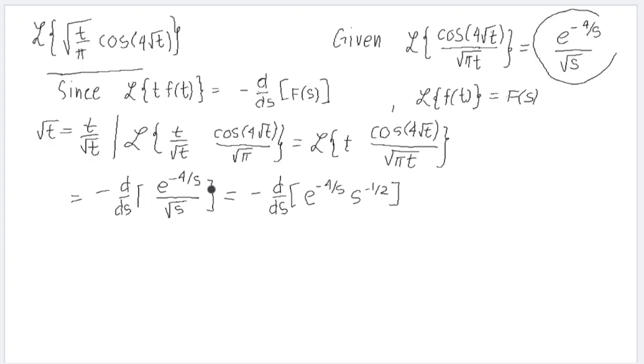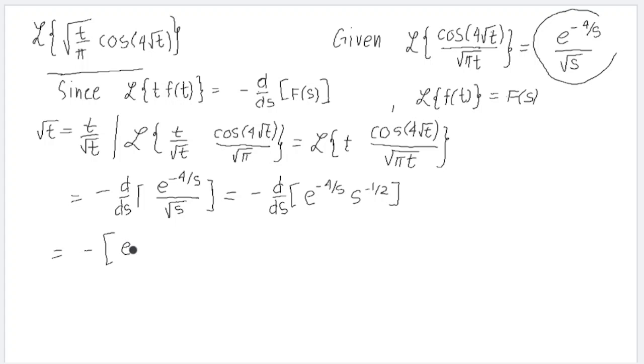Now, to take the derivative by product rule, first we'll copy this negative and find the derivative of this expression.